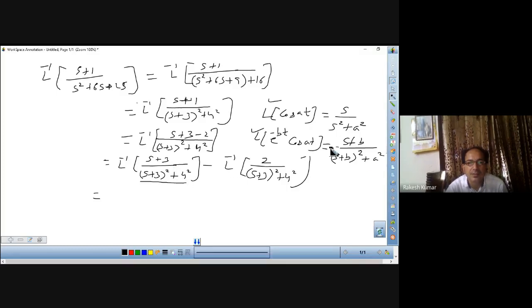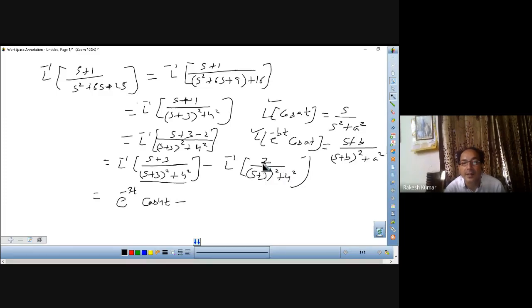By using this same formula, straight away we can write e raised to power minus 3t, and in place of a we have 4. This is equal to cos of 4t. And similarly, we will make adjustments over here. Here is 3 and here is 4.